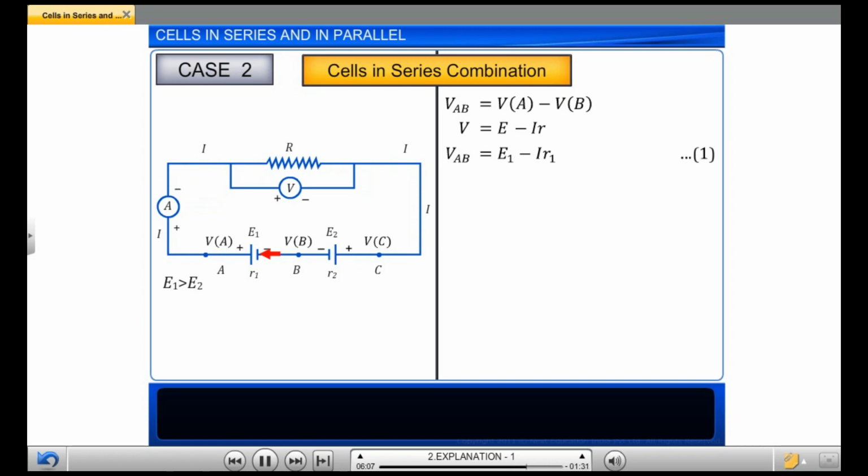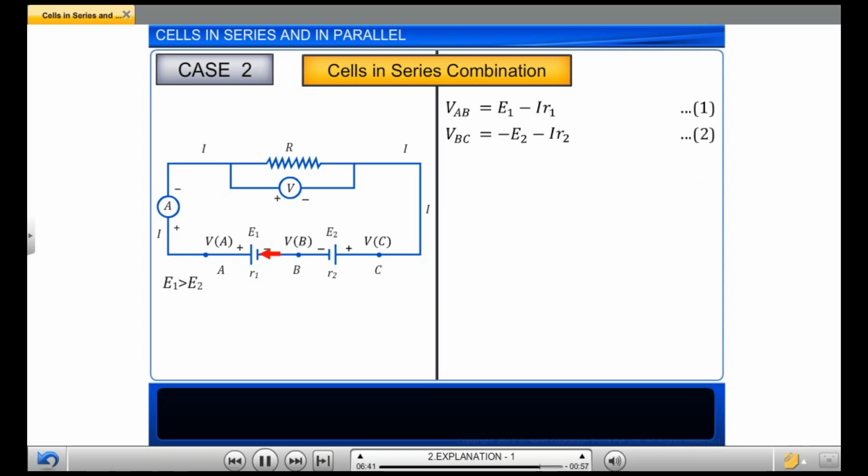The current leaves the second cell from its negative terminal. As the direction of the current I within the second cell is opposed by its EMF E2, E2 is taken as negative in the equation for VBC. Hence, we get VBC is equal to minus E2 minus I into R2. Let this be equation 2.